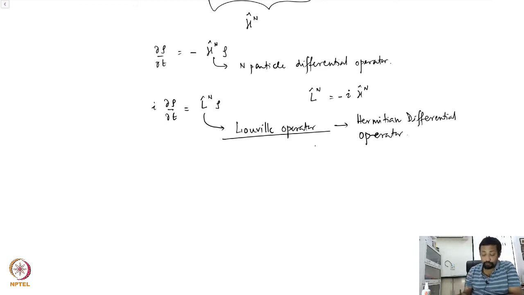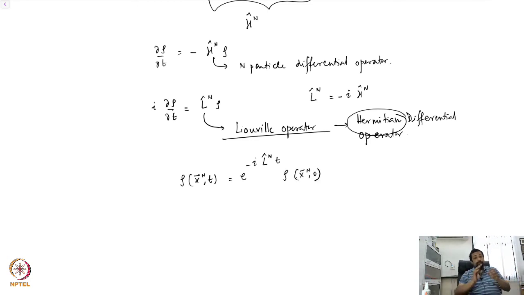I leave it to you as an exercise to prove that this is indeed a Hermitian operator. It's not very difficult to do. I want to write down the solution to this differential equation, so that rho of xn, t is e to the power minus i L hat n t rho of xn, 0.